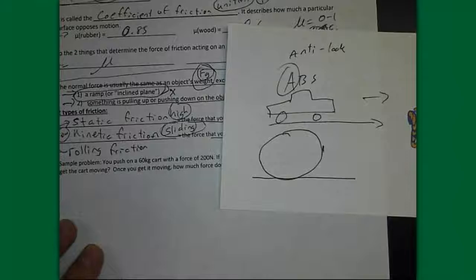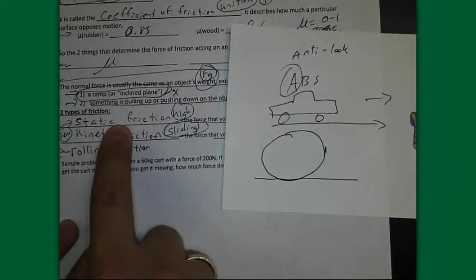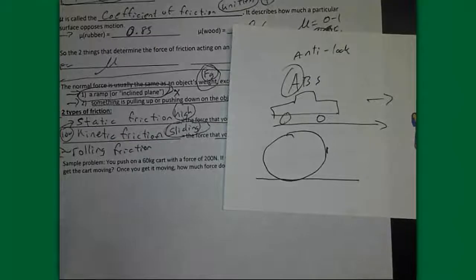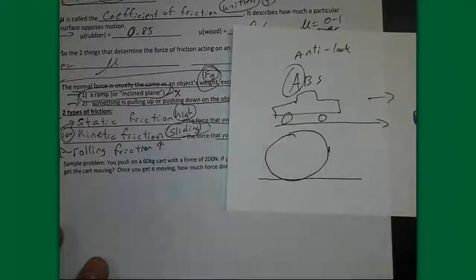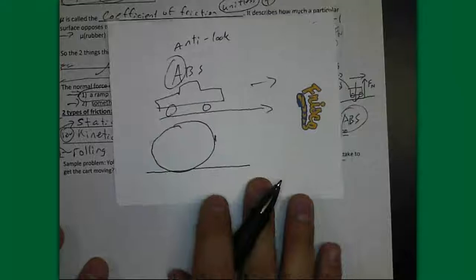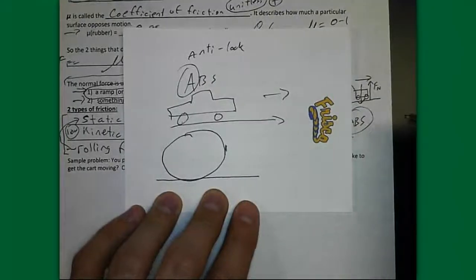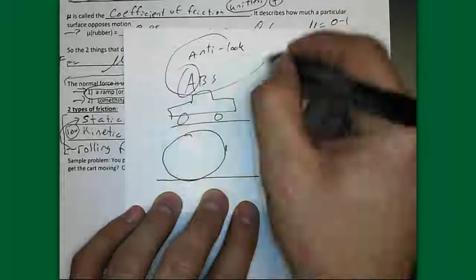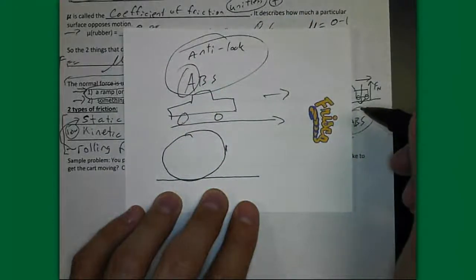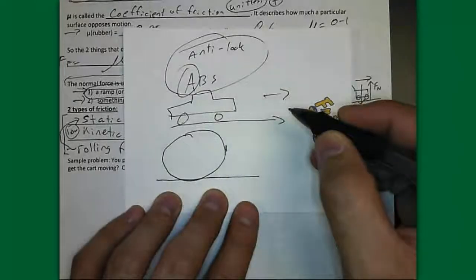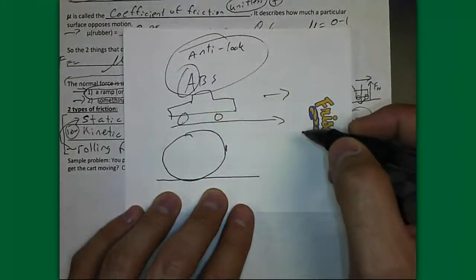And it's not really the same thing as static friction either, because you can't say they're still. That's when we get rolling friction, and it's really similar to static friction. It's still very high. So as long as we can stay in our cars, as long as we can stay in the rolling friction range, we'll be okay. And that's the purpose of the anti-lock brake system. Anti-lock brakes allow you to come to a stop without getting your tires skidding or sliding across the road.